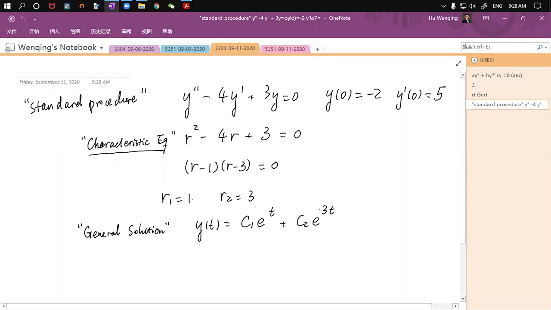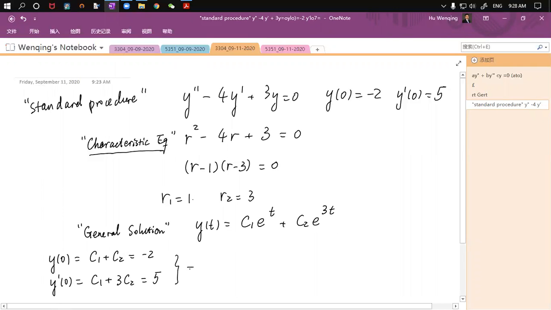As long as you have the general solution, you have to find a specific solution, and you find it by setting zeros. So y of 0 is c1 plus c2, where t is equal to 0, so c1 plus c2 is minus 2. And y prime of 0, you take a prime, so that's c1 plus 3 times c2, which is equal to 5.